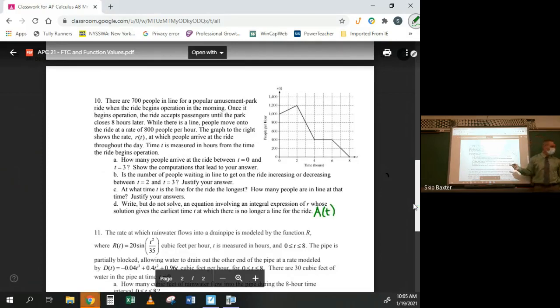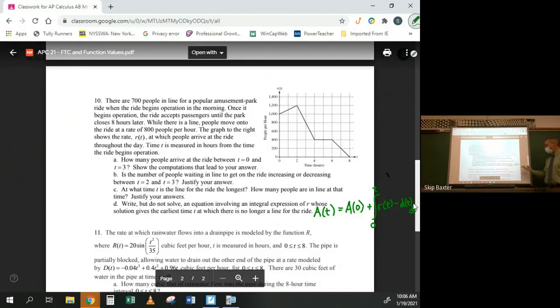The number of people in line at any moment t is the initial number in line, which we know is 700, plus the integral from 0 to t of the rate at which people arrive at the line, r of t, minus the rate at which people leave the line. Let's just say that's d of t, dt. Do you agree that this is really the total number of people in line at any moment?